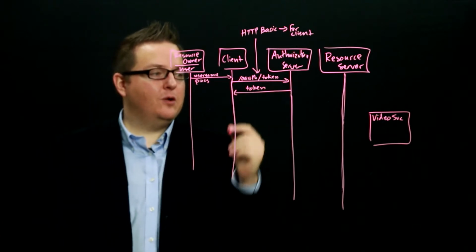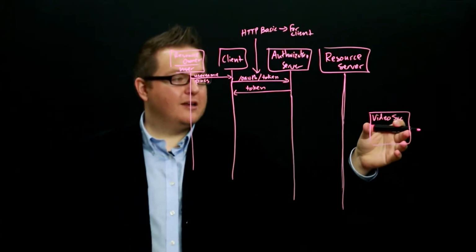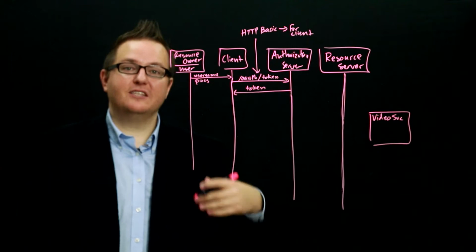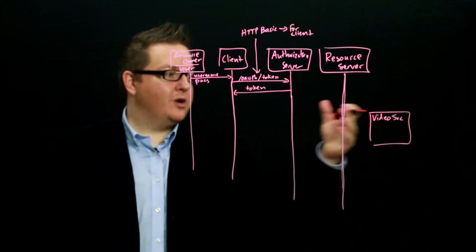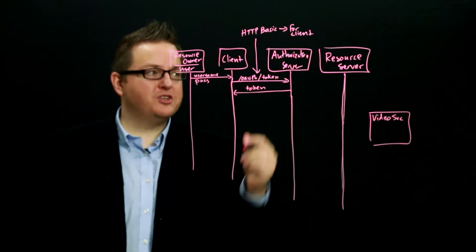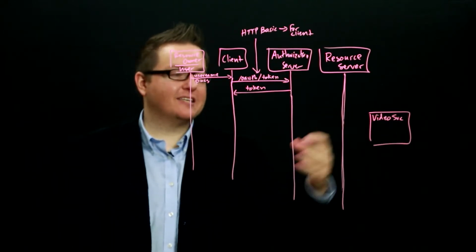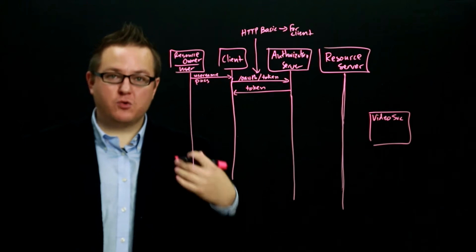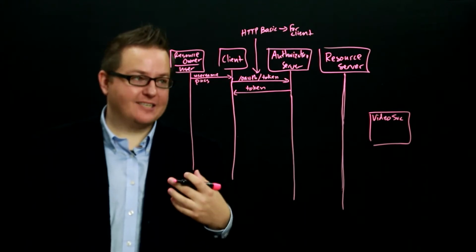Then, depending on what token is there and what security we've set up, like adding pre-authorized annotations to our video service, the authorization server will decide if we can get access to a particular controller or controller method that we're trying to access.